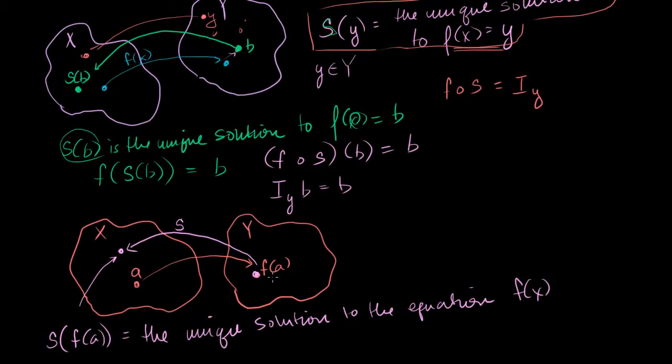Or this y right here is just called f of a, right? Remember, the mapping s just maps you from any member of y to the unique solution to the equation f of x is equal to that. So this s of f of a is going to be the unique solution to the equation f of x is equal to this member of y.